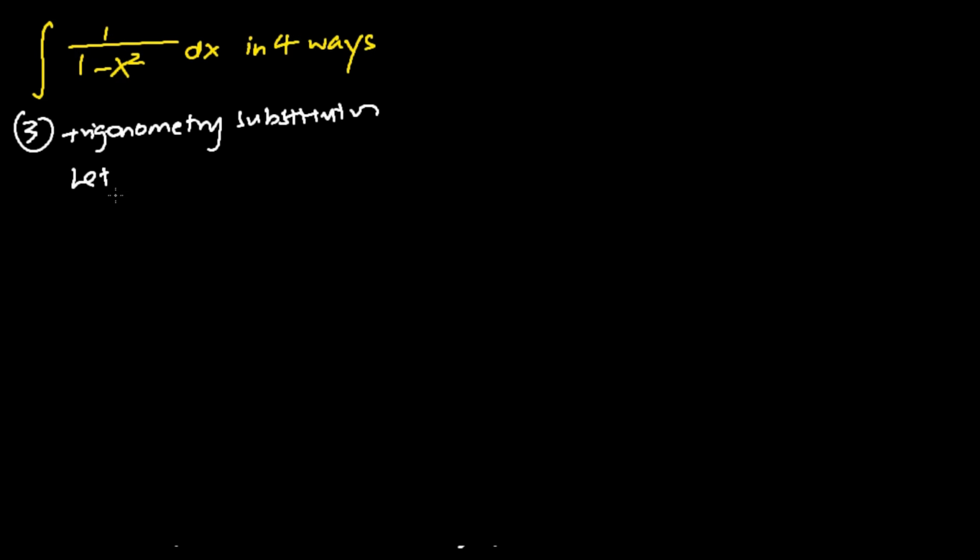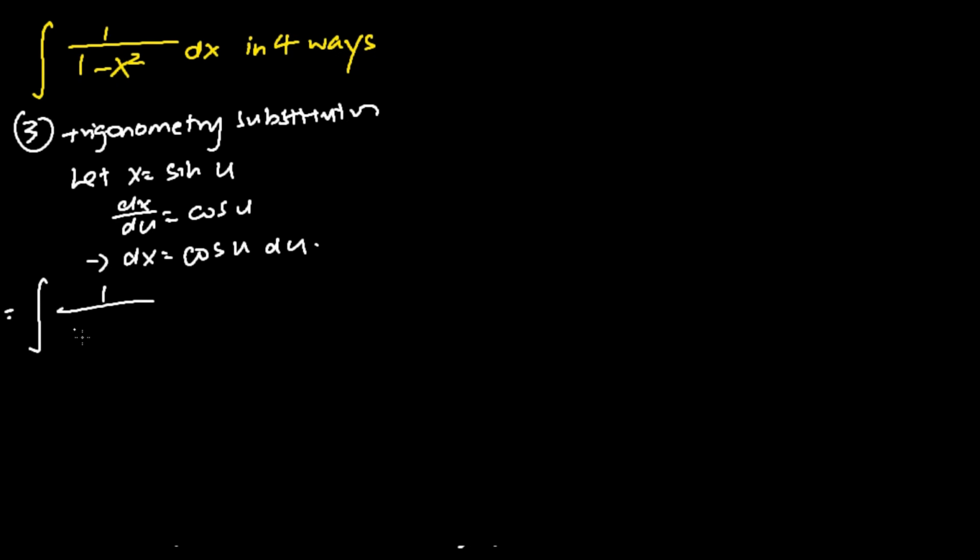We let x equal sine u and differentiate x with respect to u. This gives me cosine u, so multiplying both sides by du, I get dx equals cosine u du. So now I can substitute my x as sine u and my dx as cosine u du.